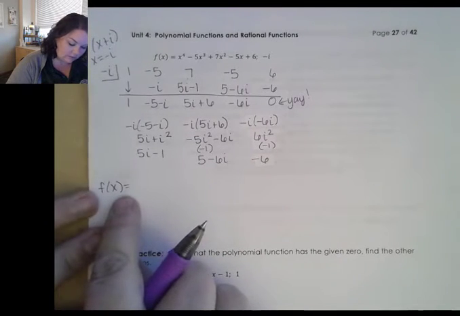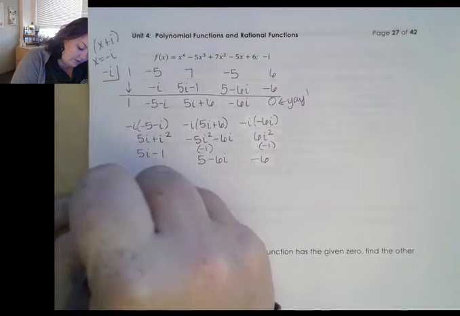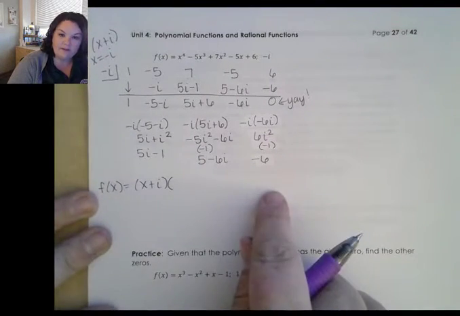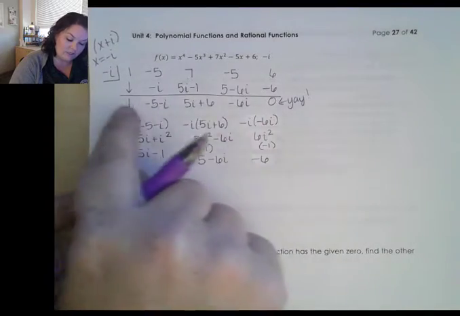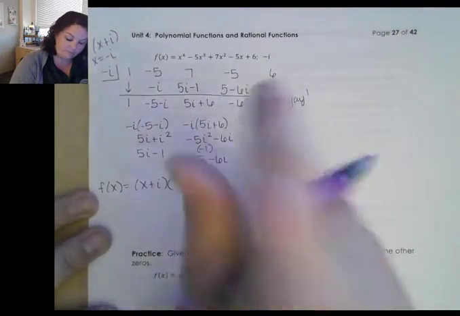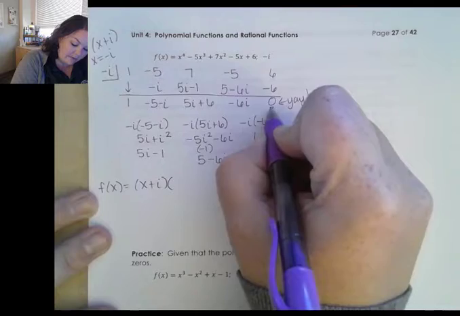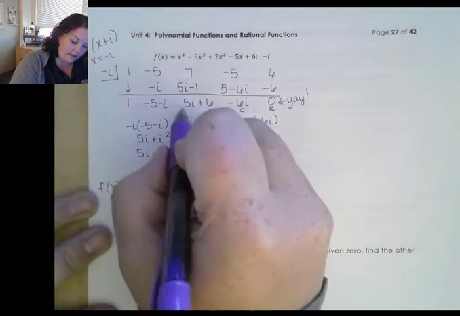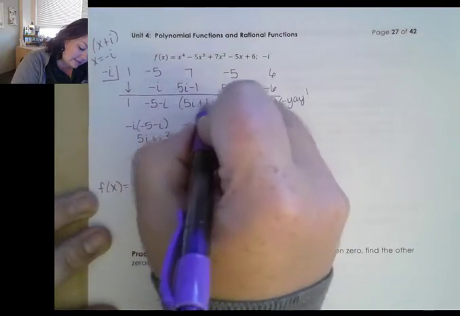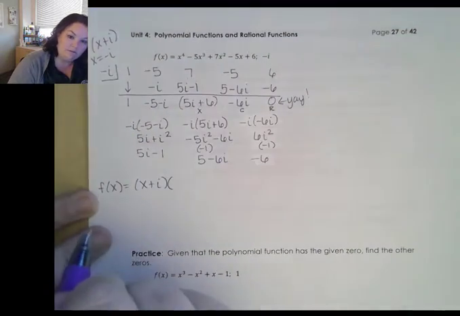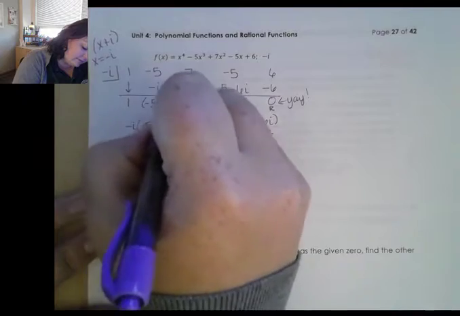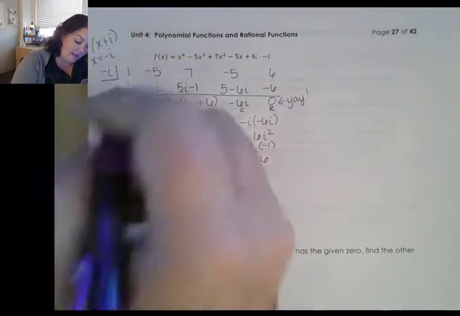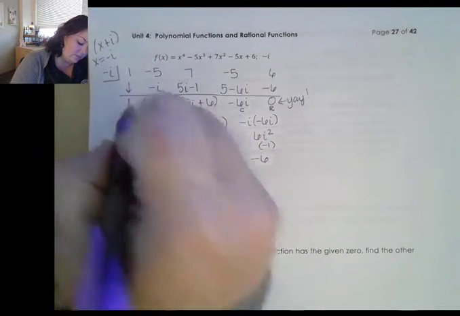So we found this factor, x plus i, and the remaining factor is what we got as our quotient here from synthetic division, right? Now, the 0 was my remainder, the negative 6i is my constant term, the 5i plus 6 is my x term, my negative 5 minus i is my x squared term, and my 1 is my x cubed term.